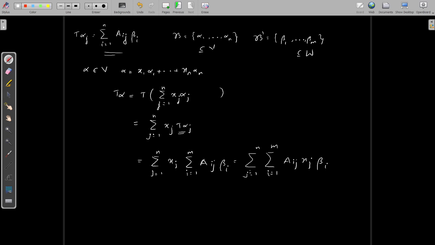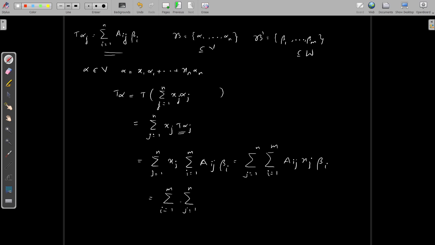Now you can interchange the order of summation because it contains only a finite number of terms. The order of summation changes the order of the elements we have added, the aij's. So that is equal to summation i equal to 1 to m, summation j equal to 1 to n.